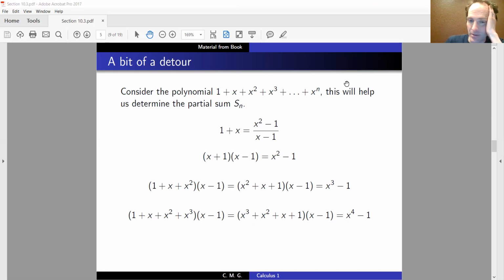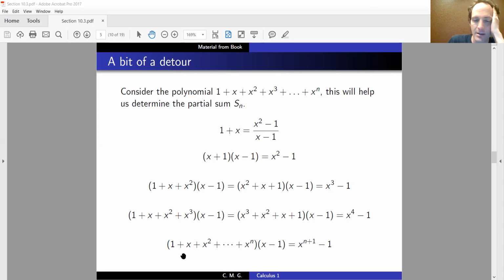And this will be true no matter how many terms I take. In particular, if I have 1 plus x plus x squared up to x to the n, and multiply that by x minus 1, I get x to the n plus 1 minus 1. Again, it's this telescoping behavior: I get x to the n plus 1 minus x to the n plus x to the n minus x to the n minus 1, and so on, until I end up with just x to the n plus 1 minus 1, because all the middle terms cancel.